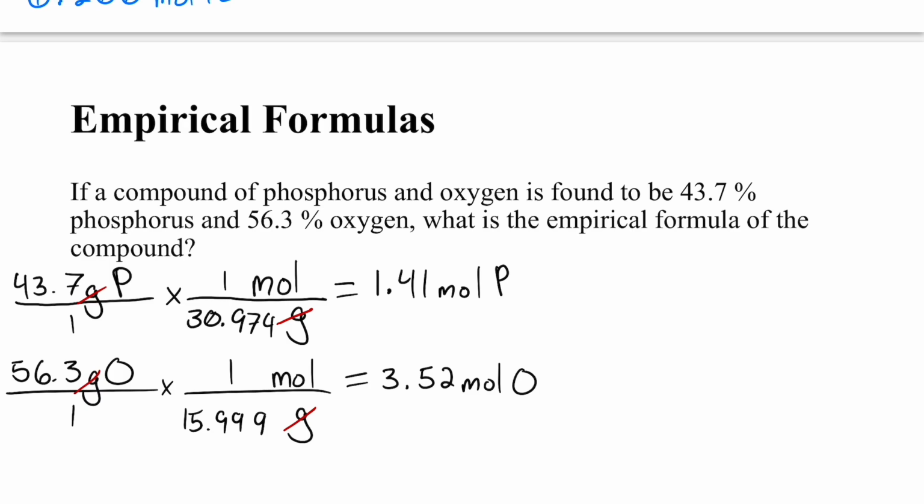Again, next thing to do is to find that mole ratio. So in this case, we're going to do moles of oxygen over moles of phosphorus, just because we're always putting the smaller number on the bottom.